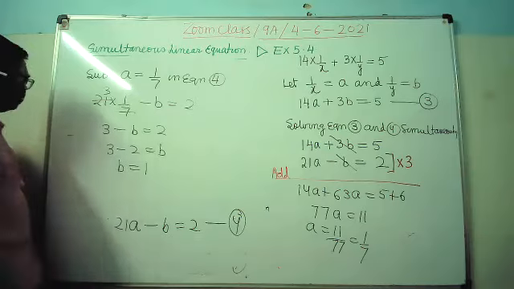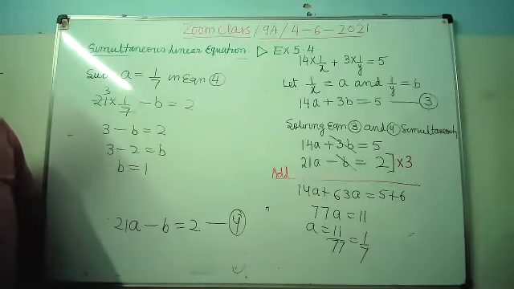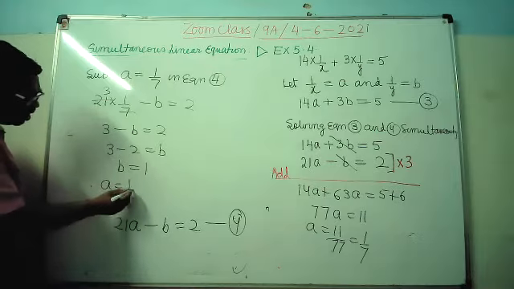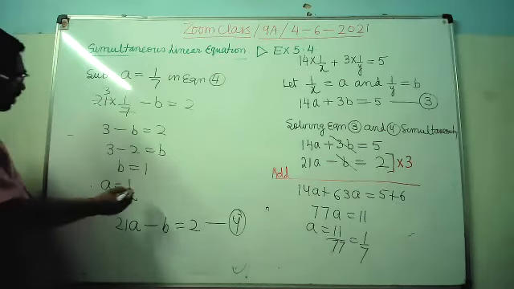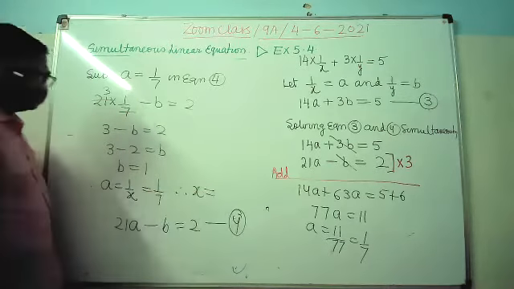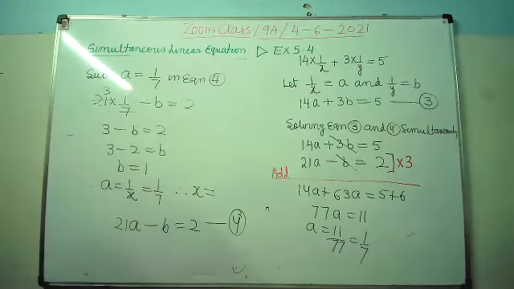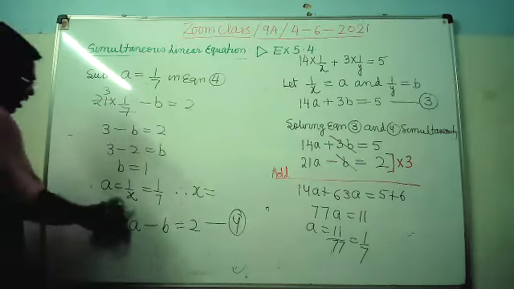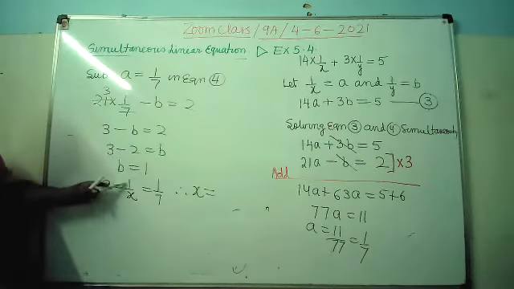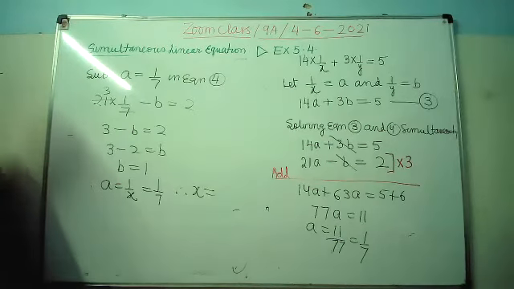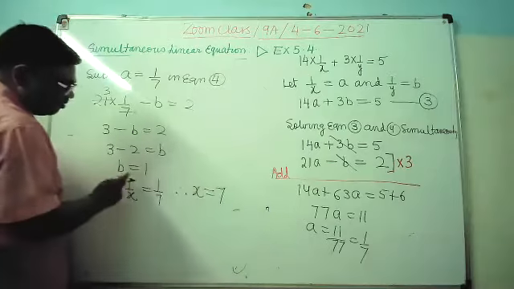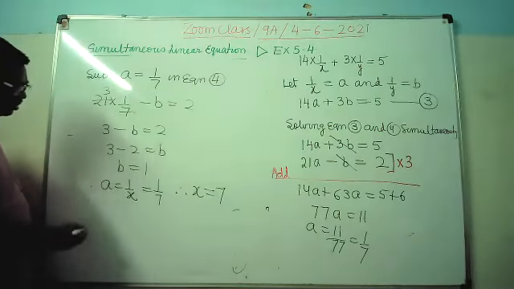Therefore b equals 1. Okay. Now since a equals 1 upon x, you have taken, and here it comes out 1 upon 7. Therefore what will be x? A equals 1 upon x and here a comes out 1 upon 7. Therefore x equals 7.